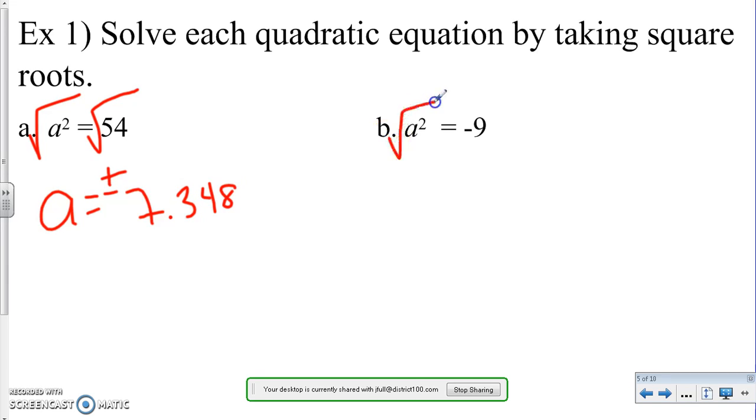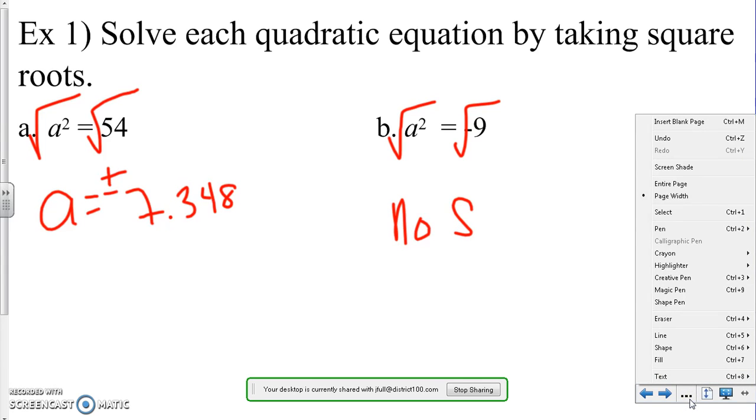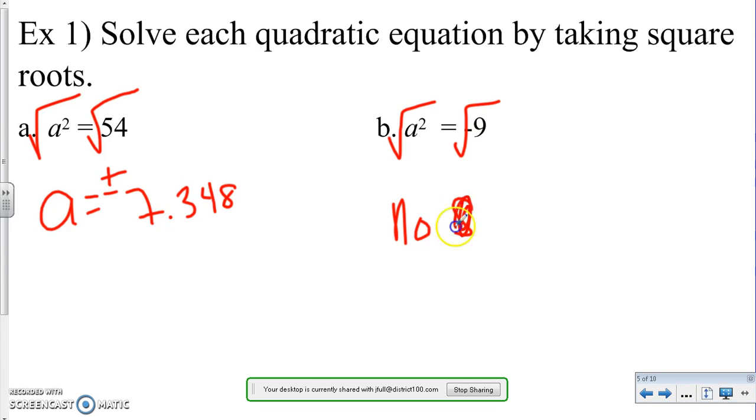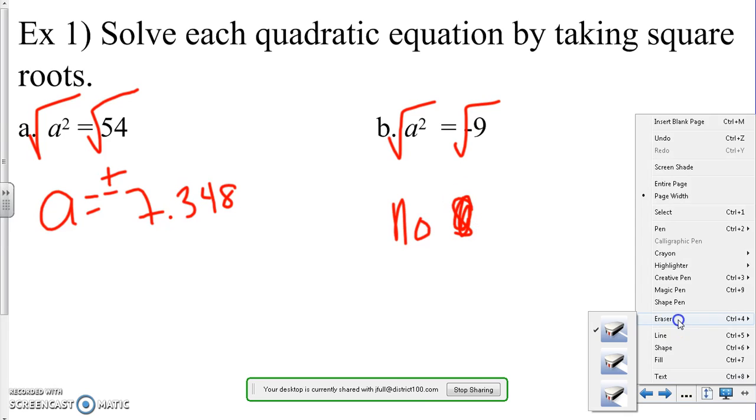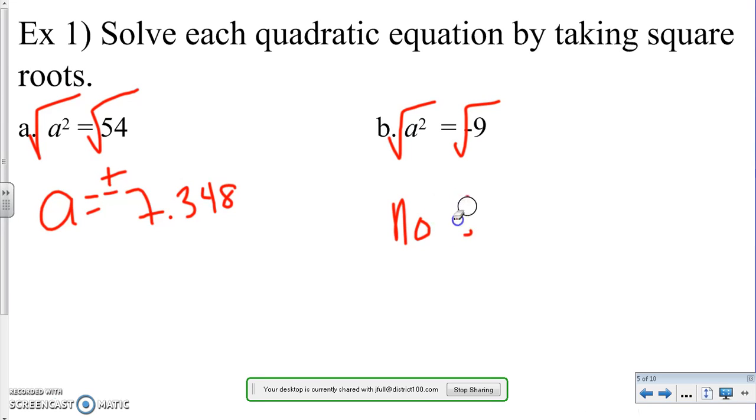For the second one, if I take the square root of both sides and try to type negative 9 into my calculator, I actually get an error. The reason I get an error is because I cannot take the square root of a negative number. And we're going to write, instead of no solution, we're going to write no real solution.